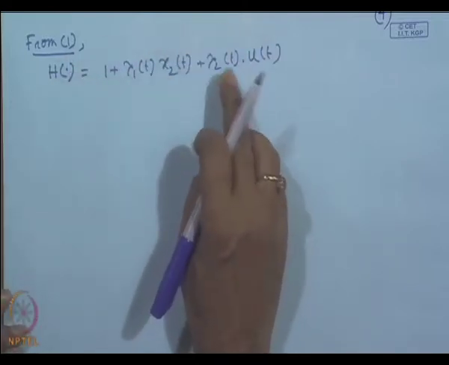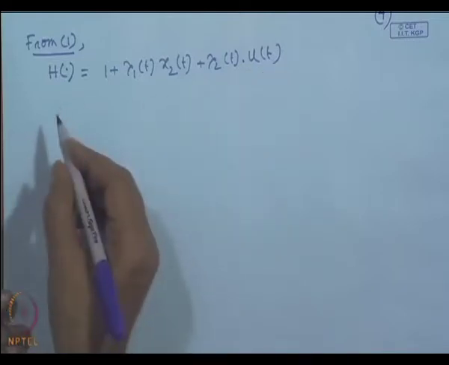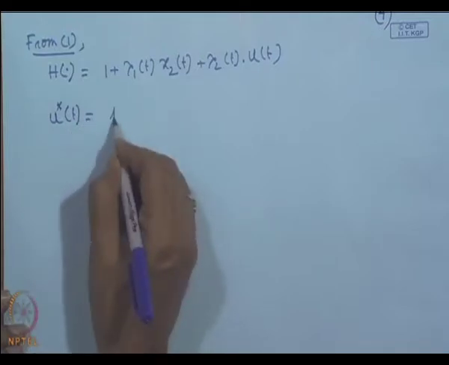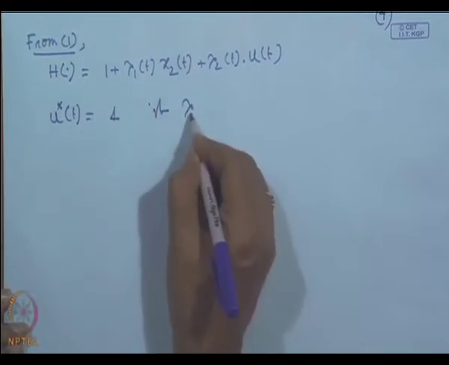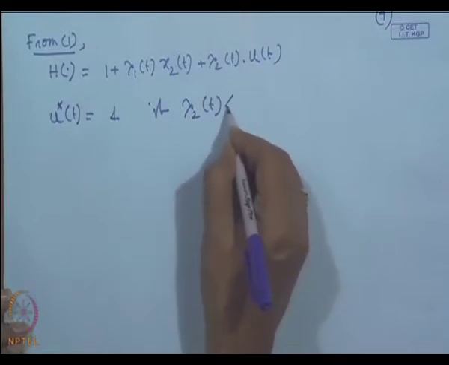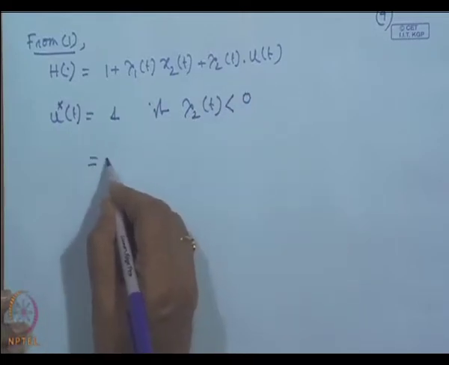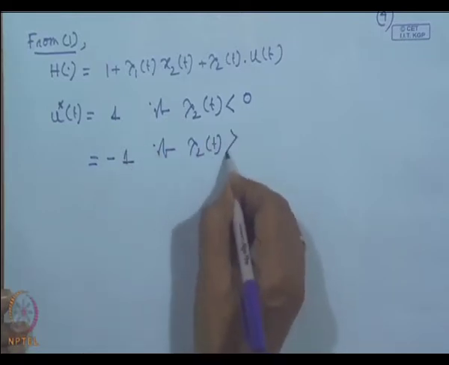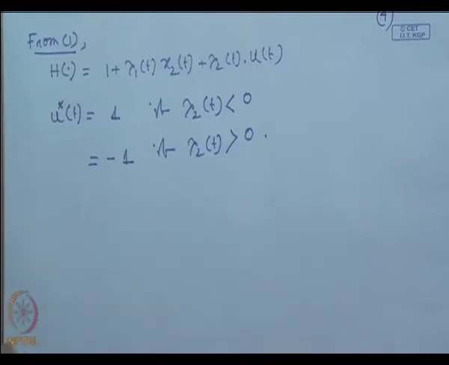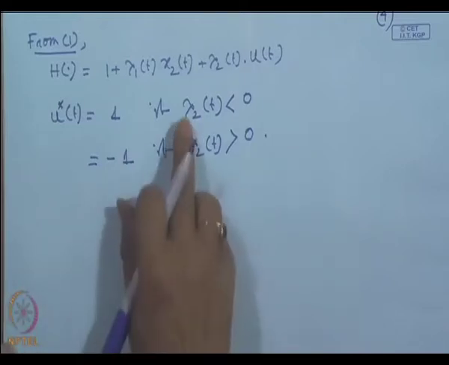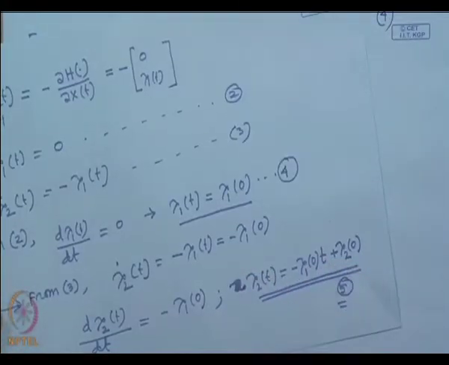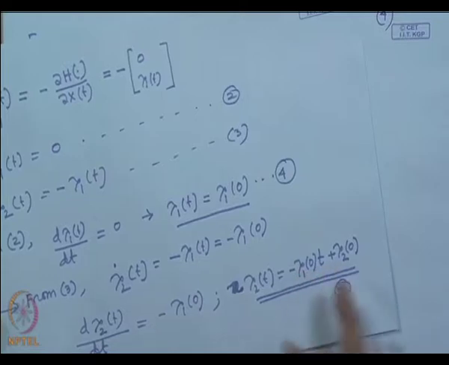When lambda 2 is negative, u is positive. So the optimal value u star of t is equal to 1 if lambda 2 of t is less than 0, and equal to minus 1 if lambda 2 of t is greater than 0. It is just switching depending upon the value of lambda 2 of t, and the lambda 2 of t expression is this. But the unfortunate part is that we do not know lambda 1 of 0 and lambda 2 of 0.